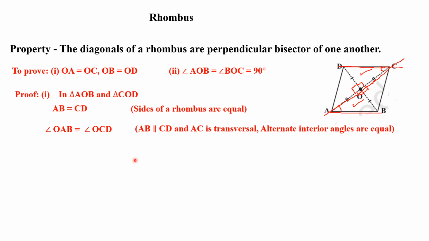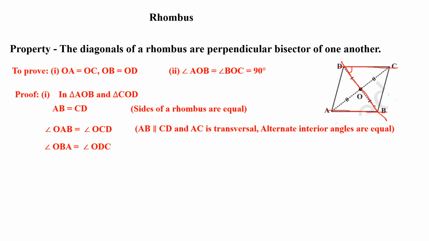Now same way, if I take angle OBA and angle ODC, again if you see here, they will form alternate interior angles. Now why? In this case, if I take AB parallel to CD, okay, and if I take BD as my transversal, then what will happen?